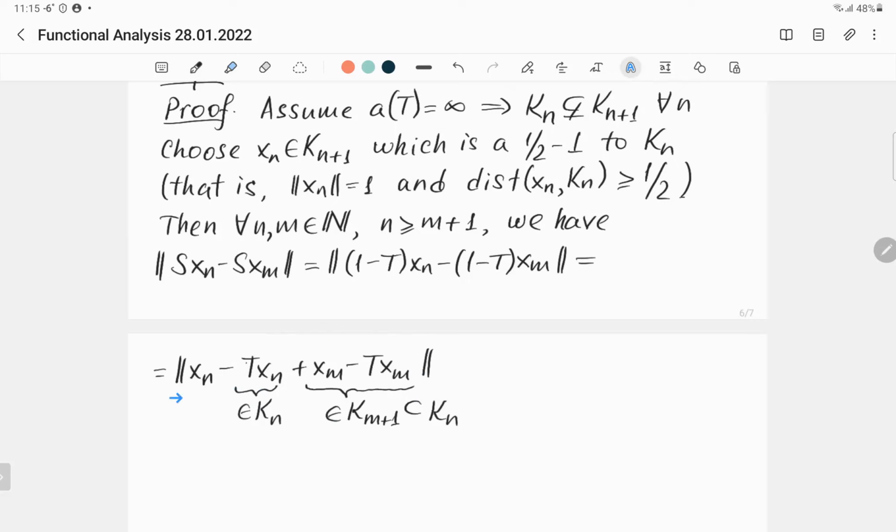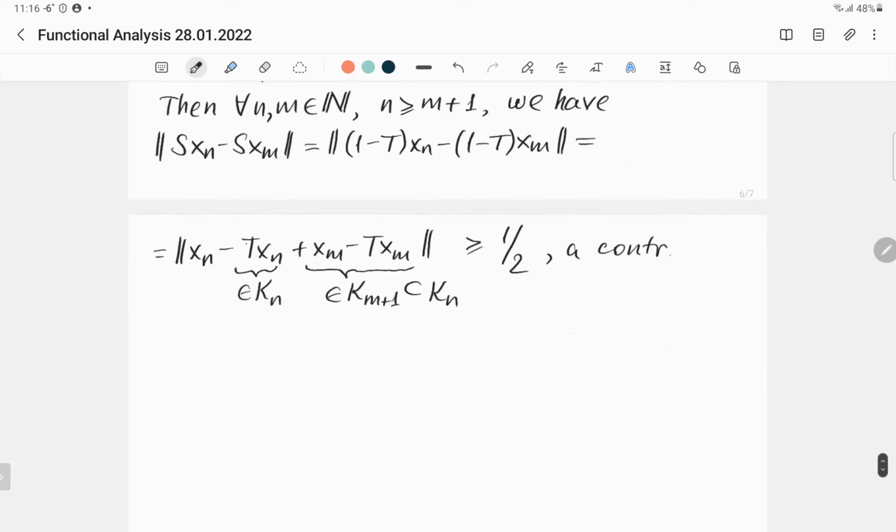And xn, by assumption, is 1/2 perpendicular to Kn. So because of this inequality, we conclude that this distance is greater than or equal to 1/2. And this is a contradiction with the compactness of S.